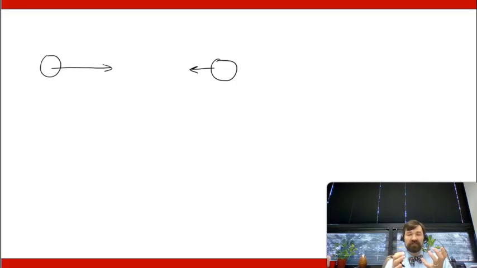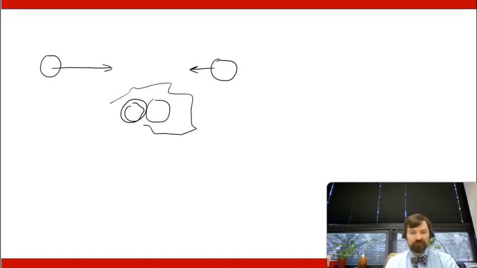In a collision, usually you have one object moving in one direction and another object moving in the other direction. They crash into each other and they either stick together or bounce off of each other. So there's usually some sort of a crash, boom, and then afterwards one of them is moving off this way and the other one is moving off that way.